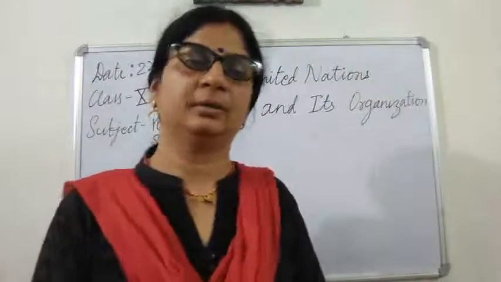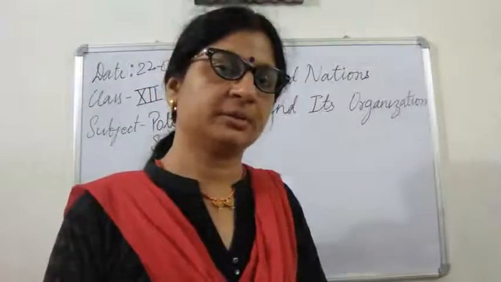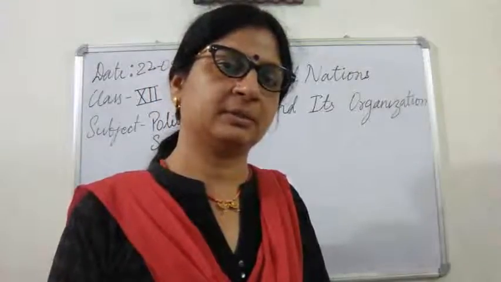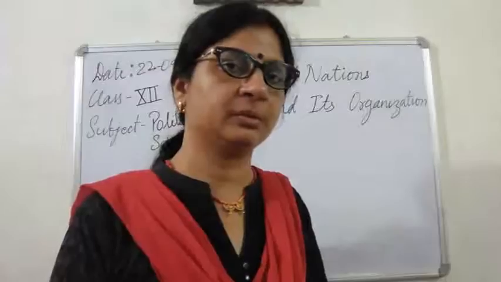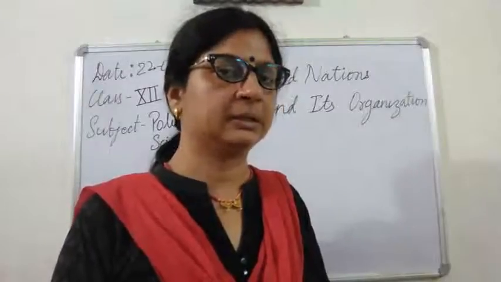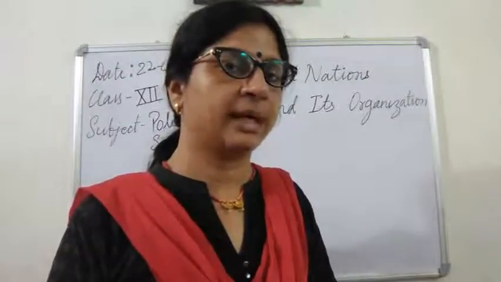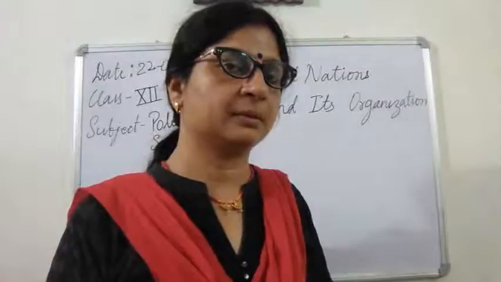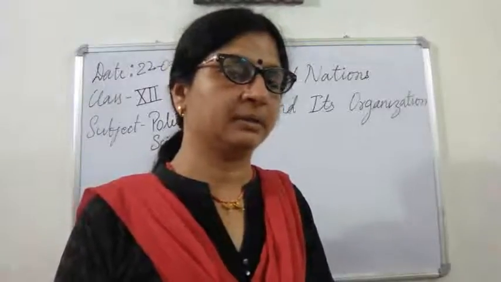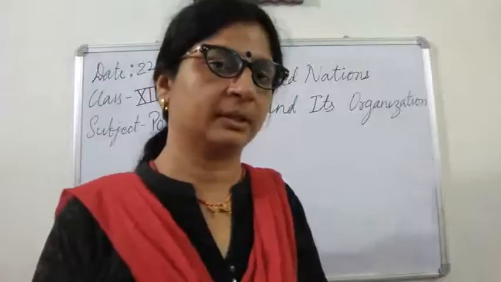We are doing the new topics which have been added in the revised syllabus of 2020-21. Under these new topics, we have some topics in the chapter United Nations and its organization.